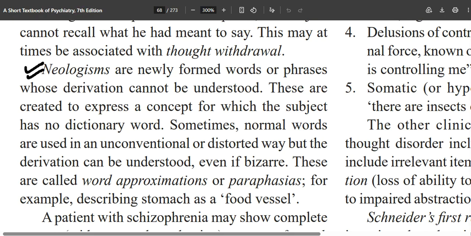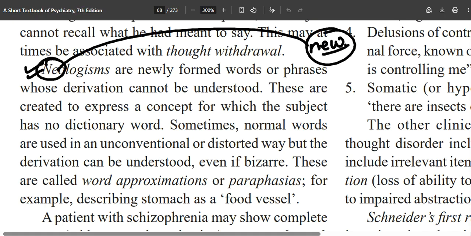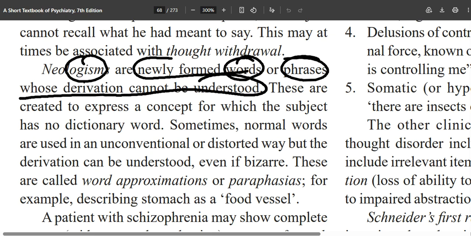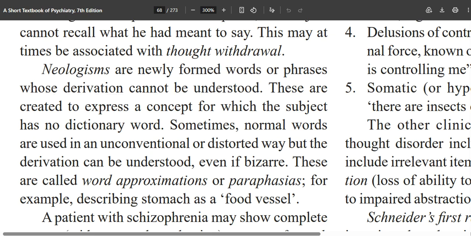Now, what is neo? Neo is for new, and if you have seen that movie, The Matrix, you know the reference. Neologisms are newly formed words or phrases whose derivation cannot be understood. This is the key: whose derivation cannot be understood.